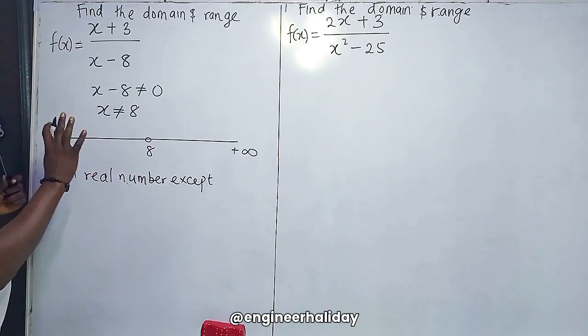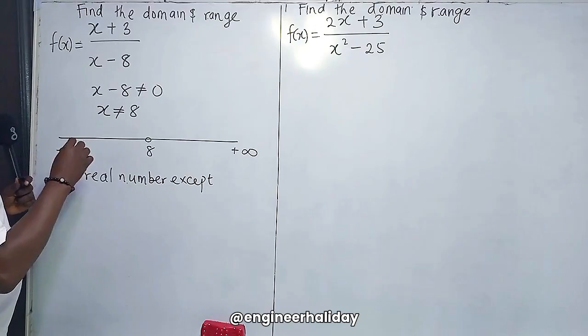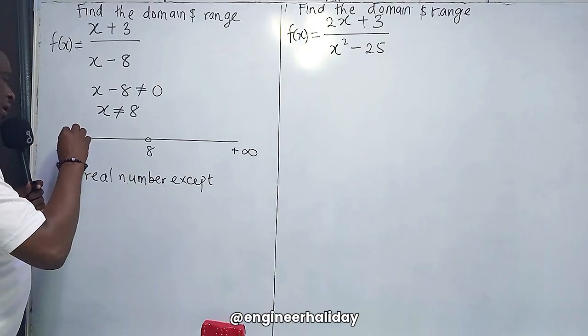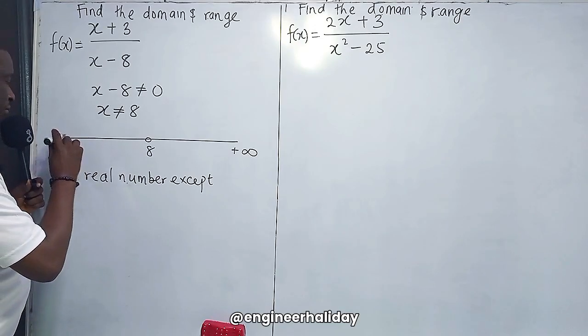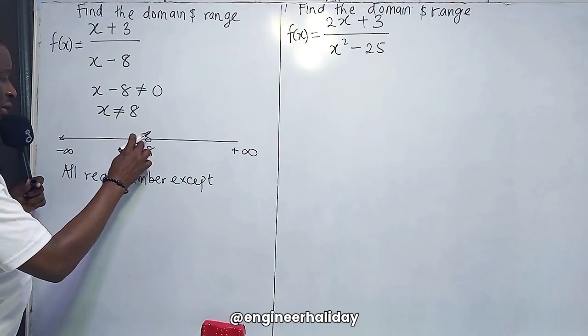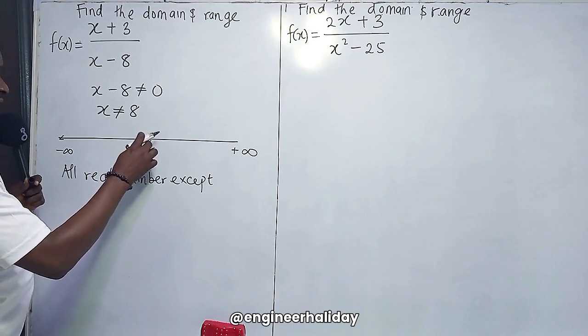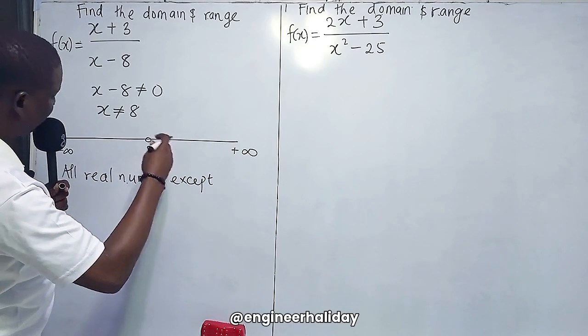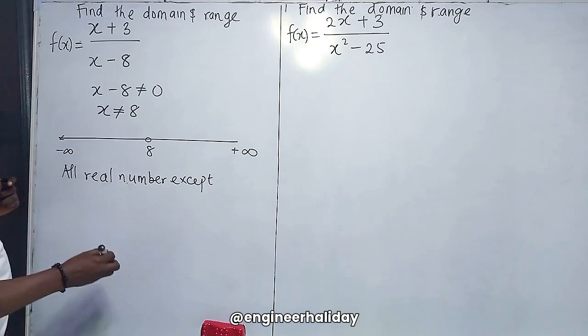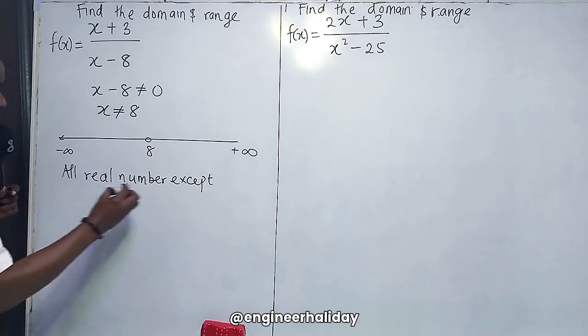So what I'm going to do now is take all the numbers from minus infinity to less than 8, then from above 8 to infinity. So that means except 8.